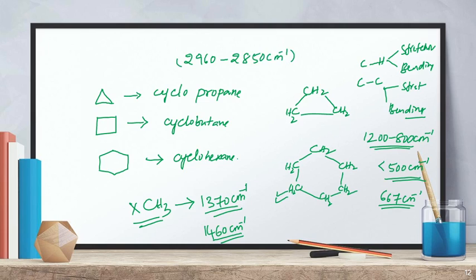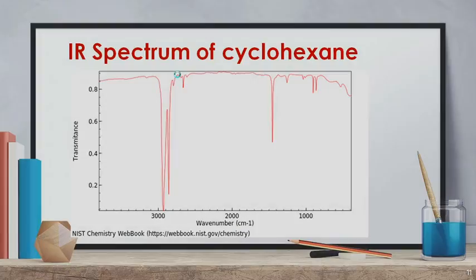At this range we find the CH stretching vibration. Like that, for cycloalkanes also, you will have the absorption peak in the range of 2960 to 2850.